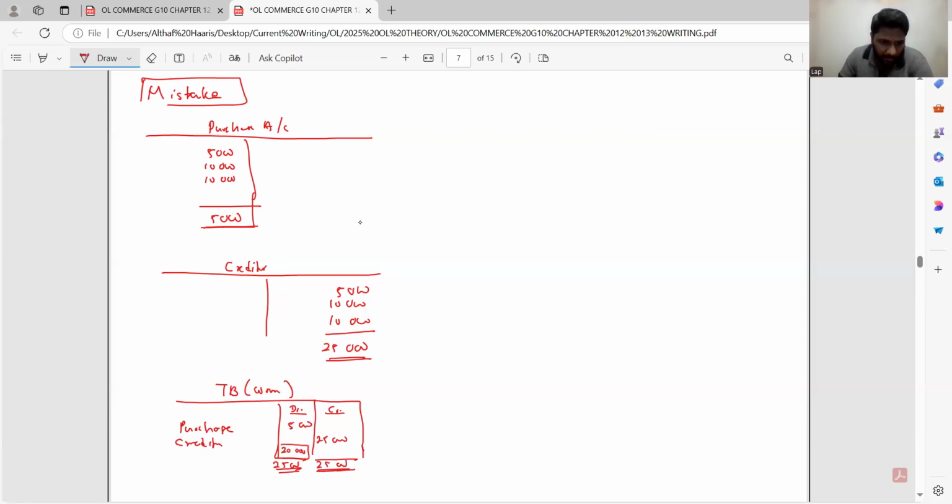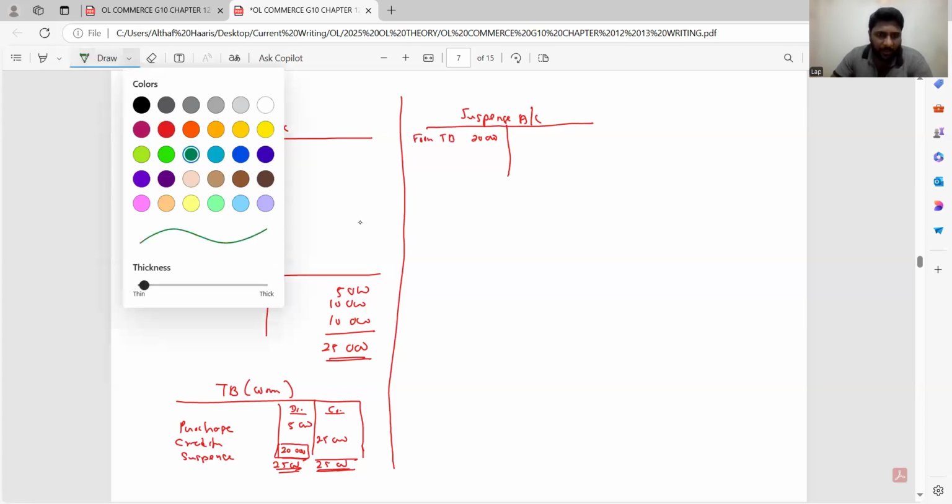Therefore, what you will do, we'll put it to the suspense. So we will open the suspense, 20,000 from the trial balance. So now how to correct it?